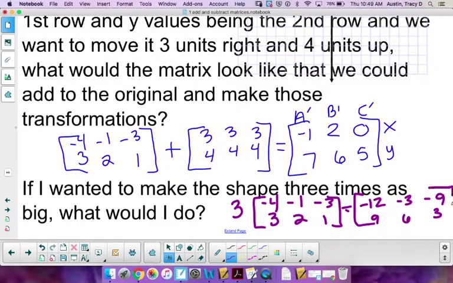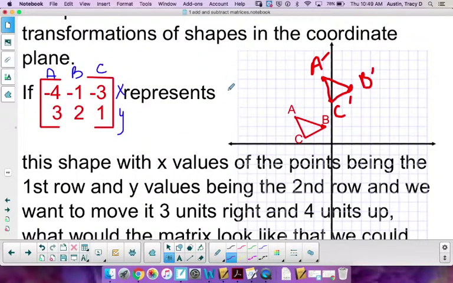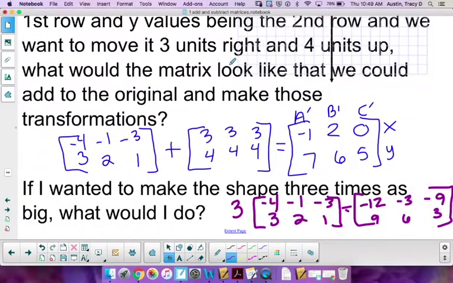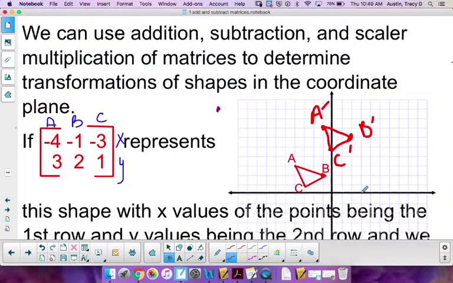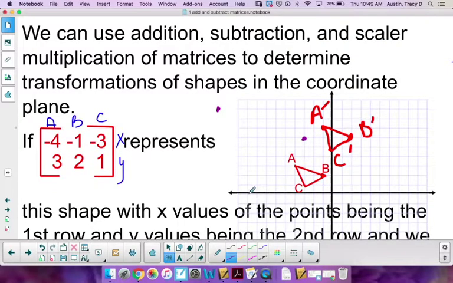And I'm not going to have any room on my graph to actually graph this because it would be off the page. But negative 12, 9 would be somewhere about right there. That's the first point. Negative 3, oh, maybe I do have enough room. Negative 3, 2, 3, 4, 5, 6. And then negative 9, 3.